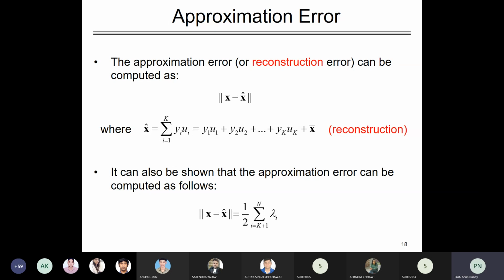Or you can simply have the sum from i equal to k plus 1 to n of lambda i divided by the sum from i equal to 1 to n of lambda i. Okay, so you can also compute this; you are taking this half of these things.